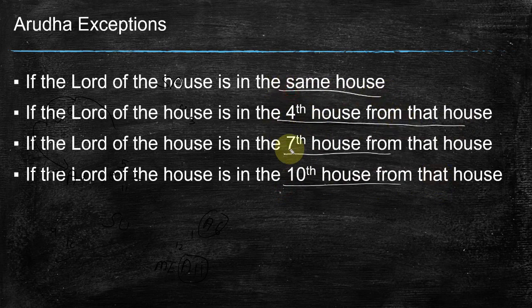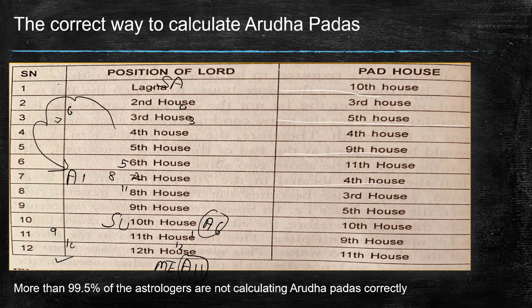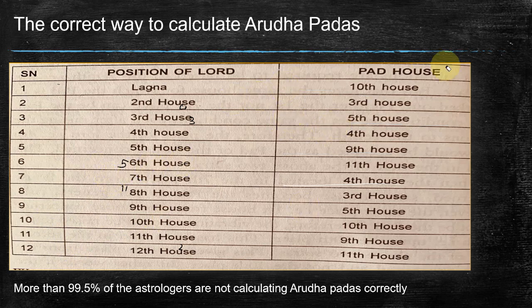Same house, 4th house, 7th house, 10th house. And the next slide actually summarizes the correct method to calculate the Arudha Padas. Just a minute, let me erase what I had done previously. Apologies, I just want to make sure that you all understand it graphically.